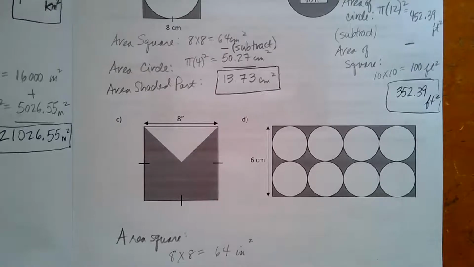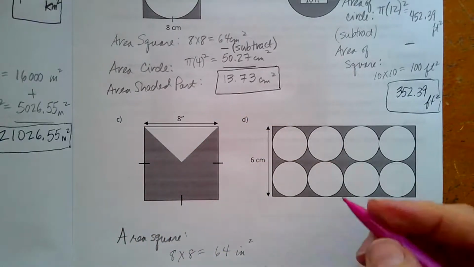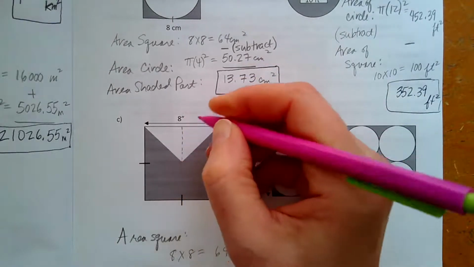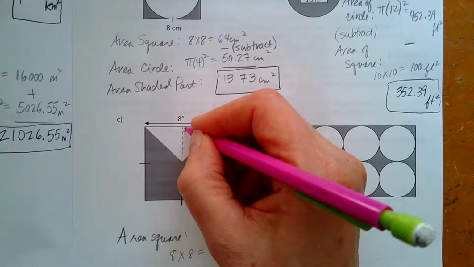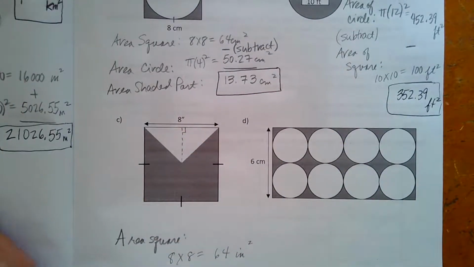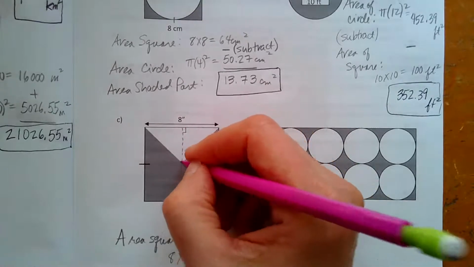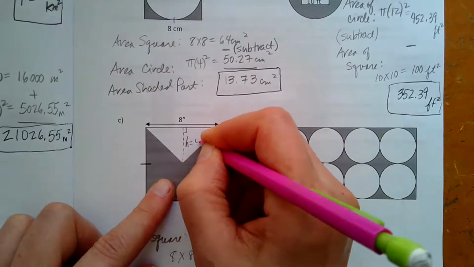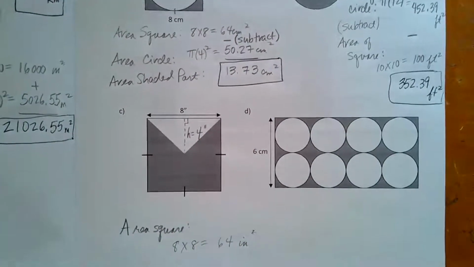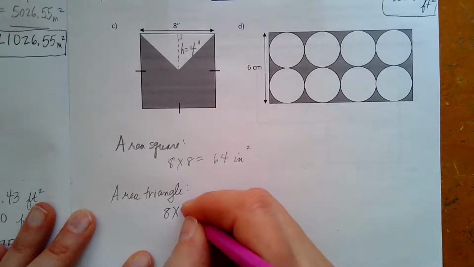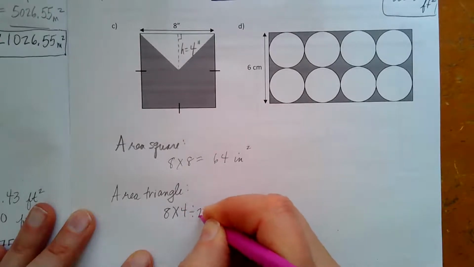So what do I need? I need the base, which is 8, times, what's the height? Well, this would be the height. It always has to be taken from a perpendicular to the base. So this would be, let's see, well, it's halfway across, so that must be 4. So area of the triangle will be base times height divided by 2.